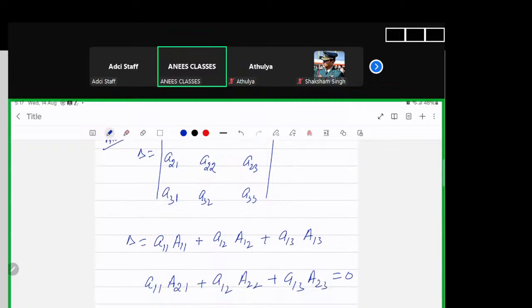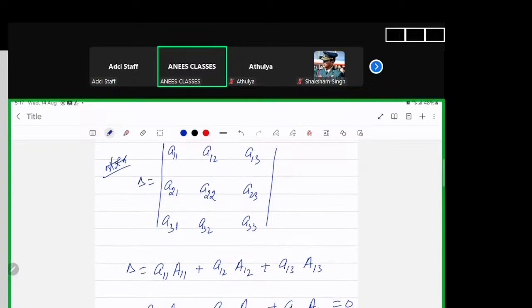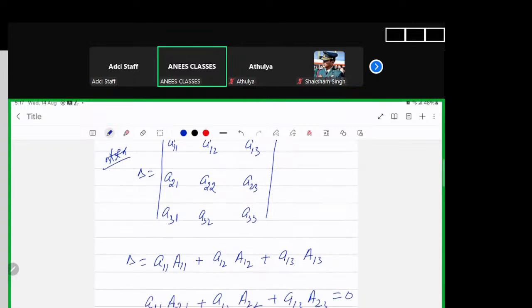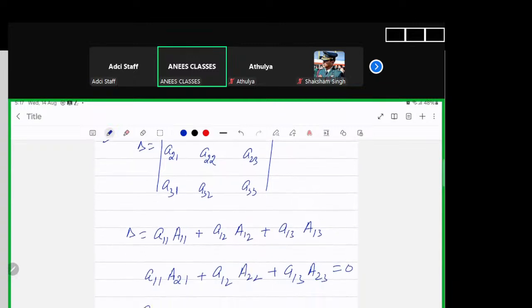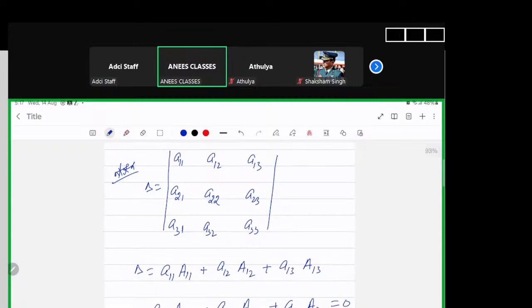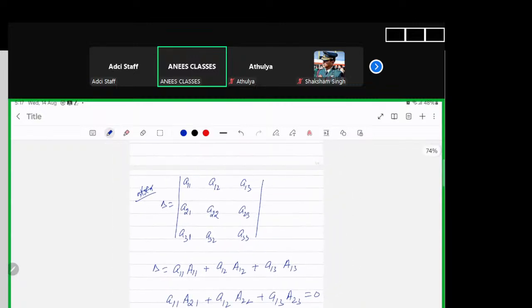Similarly, you will get A11, corresponding element of A11 in the third row is A31, right? So cofactor A31, A12 corresponding in the third row is A32, A13 corresponding A33. You can also write for columns. Understood, Saksham? Yes, sir.